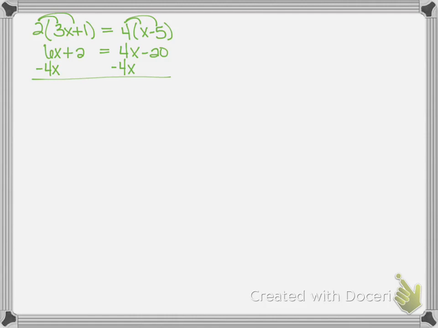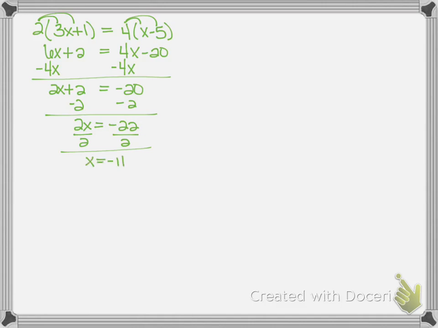However, I have two variables, so I need to subtract 4x from both sides so I only have one variable. I now have 2x plus 2 equals negative 20. Adding or subtracting, I'm going to subtract 2 from both sides. That gives me 2x equals negative 22. And then finally dividing both sides by 2, I get x equals negative 11.